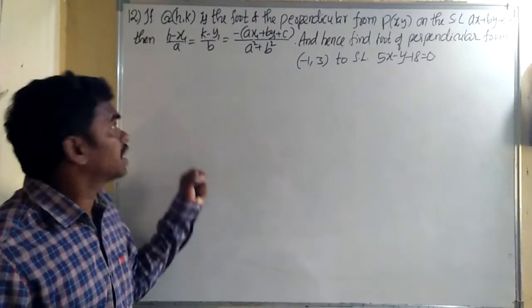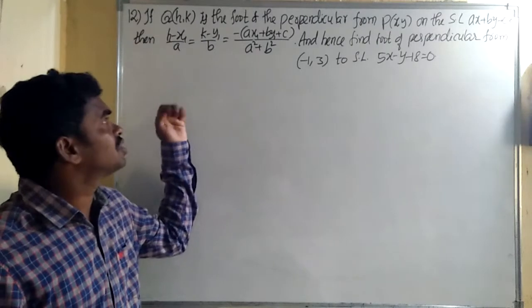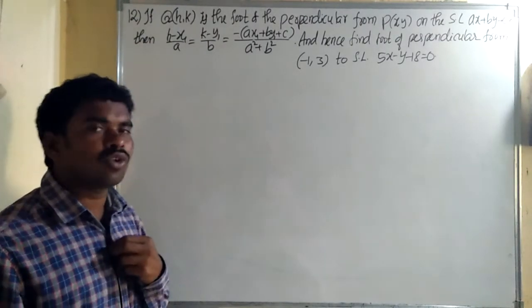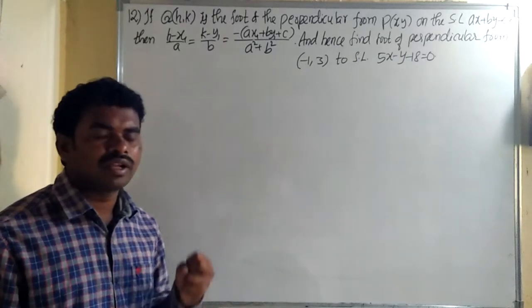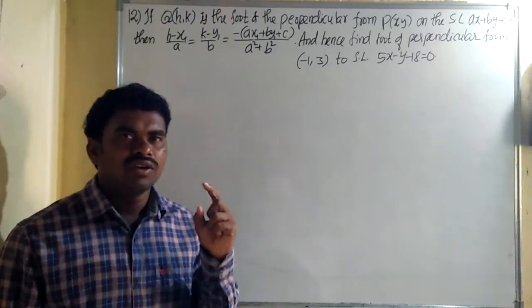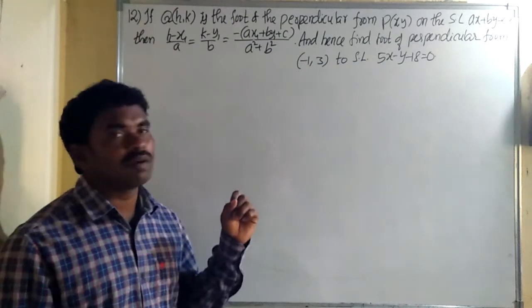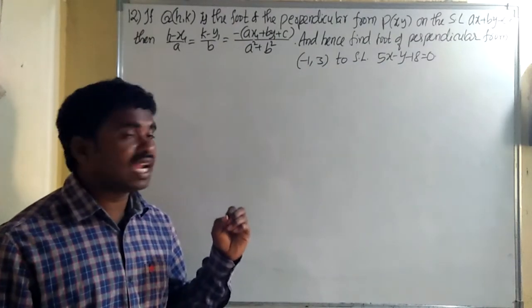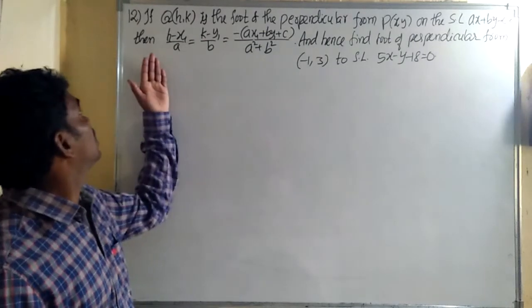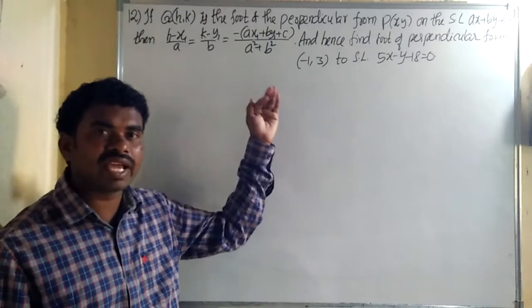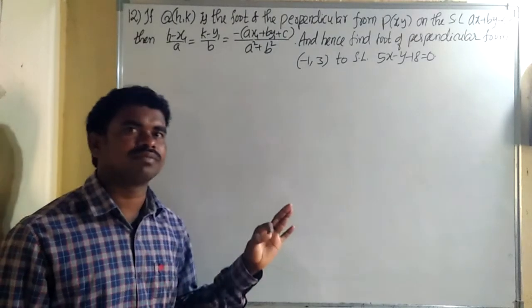Okay. Next, the 12th question. So this is very important for a 7 marks question. And moreover, in this chapter from straight lines, we have one 7 marks question for the board exam. If we get the question either the 12th one or the 13th one or the 14th one in the exam, we are very lucky.